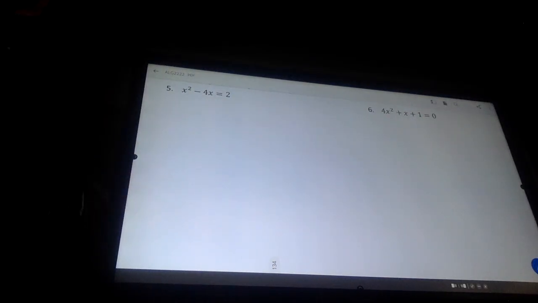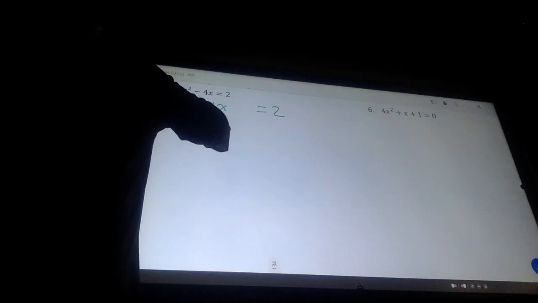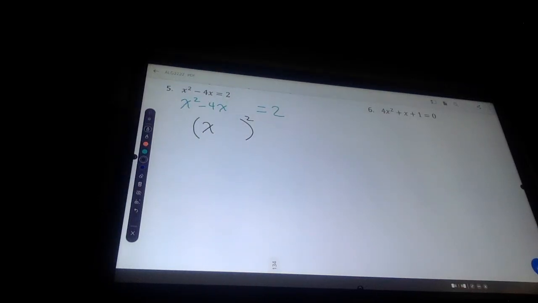All right, so number 5 is already set up for us. We just have to make the space. So x squared minus 4x, make the space. The 2's already over there. What's my sign going to be next to the x? A negative, because there was a negative in front of the 4.